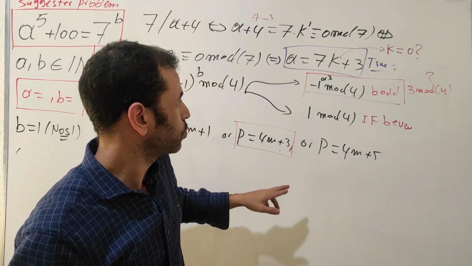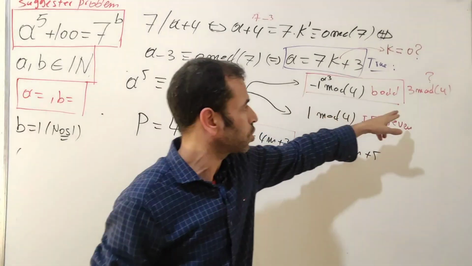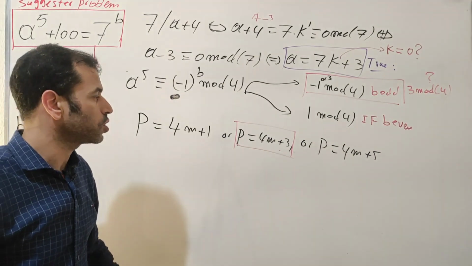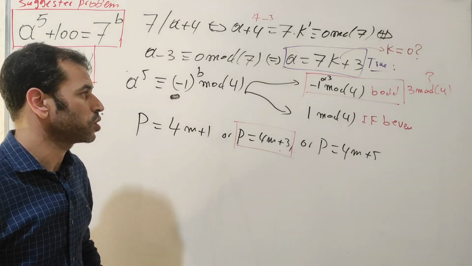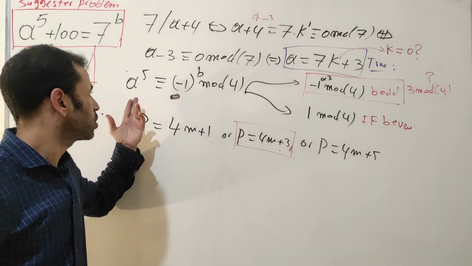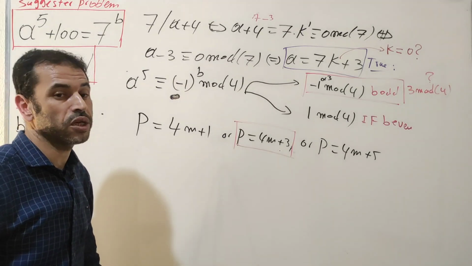We are going to prove b must be odd. If b is odd, it's going to be this one. So what to do? I'm going to go through the chart first to show the possible values for this integer, in order to show a is a prime.